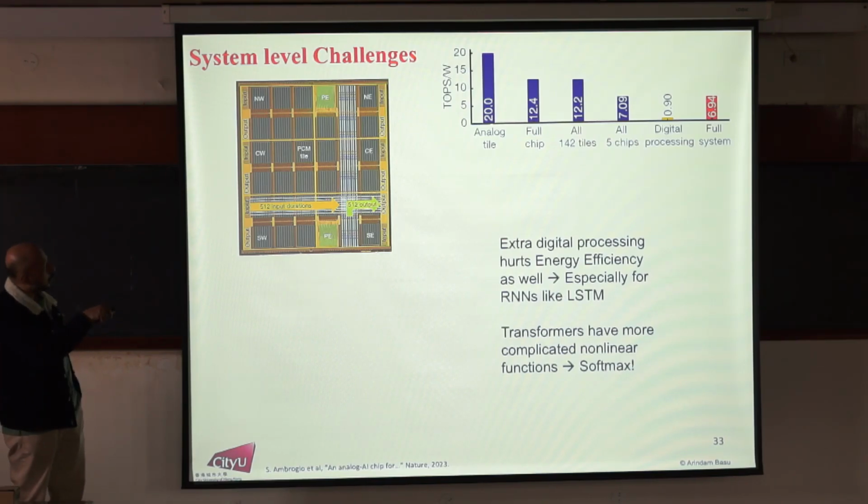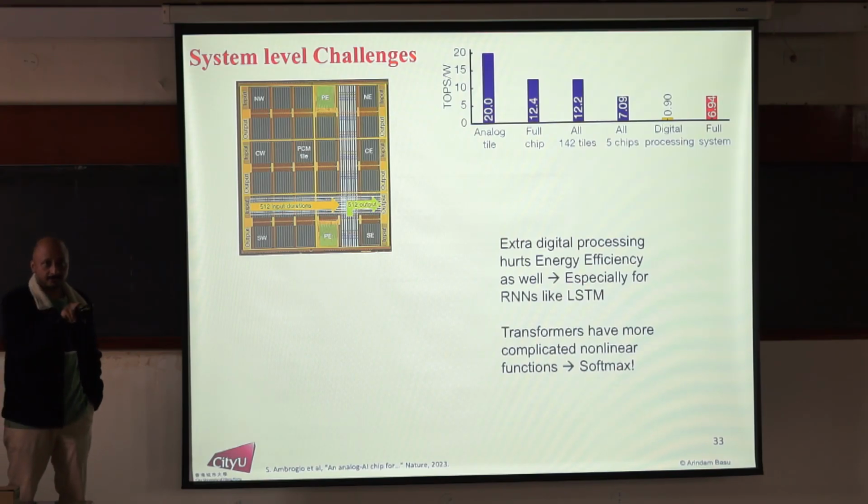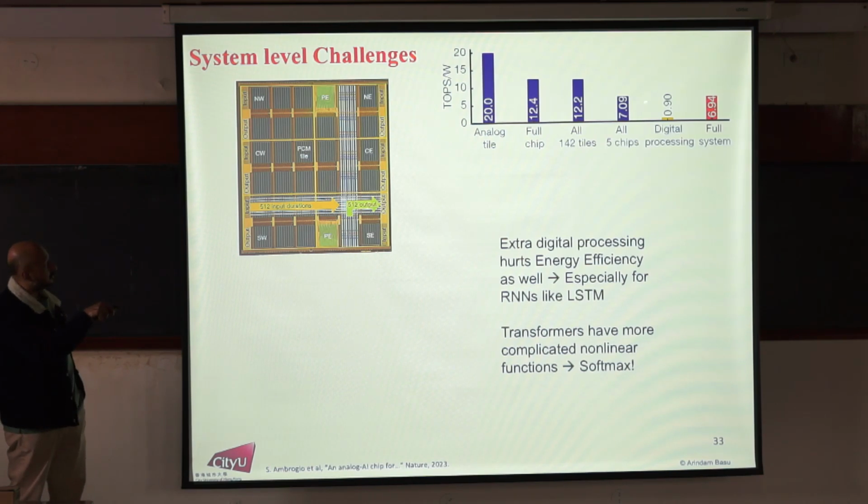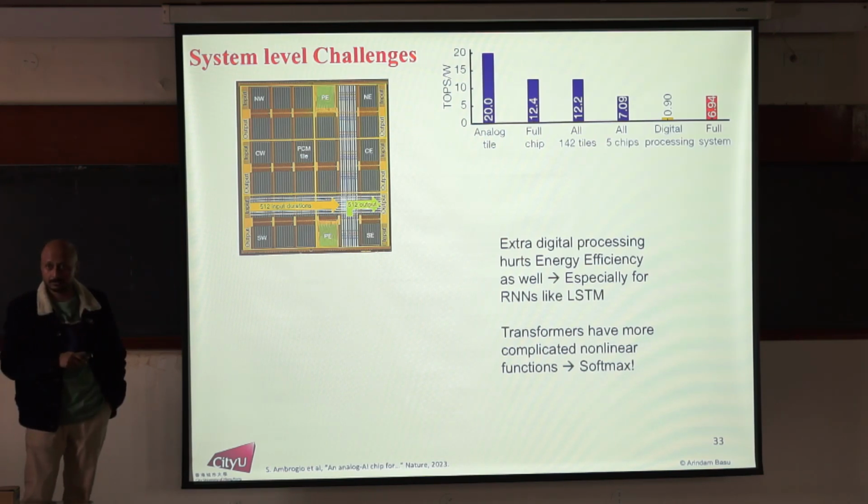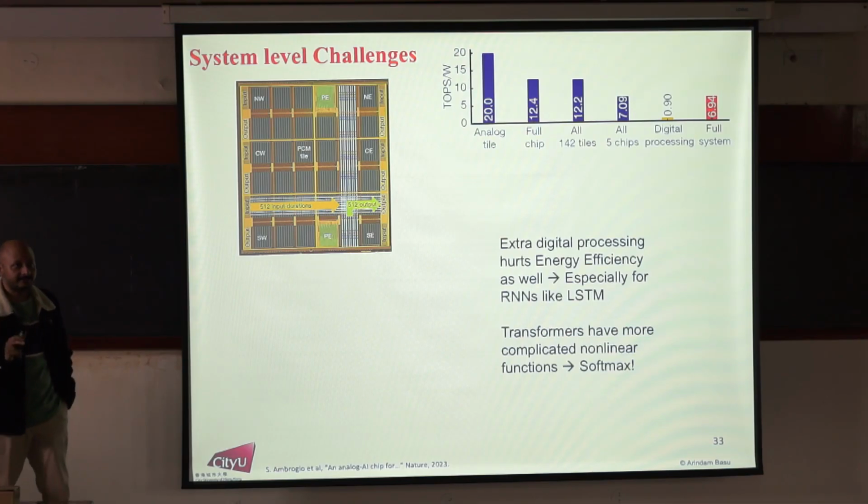So they're getting 20 TOPS per watt. If you go to the full chip, you have to move data around the chip. Efficiency falls down to 12.4 TOPS per watt. If you go across 5 chips, then you're going up on a PCB across chips. Efficiency falls down to around 7 TOPS per watt. So at this point, you can see that improving the efficiency of a single tile gives diminishing returns.